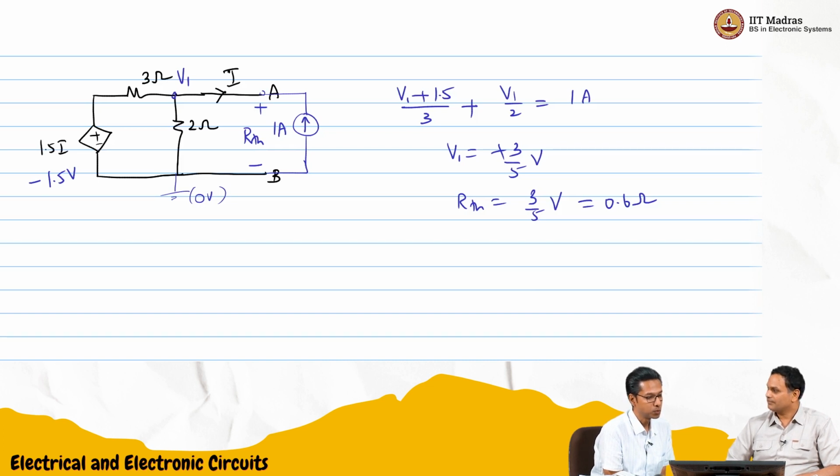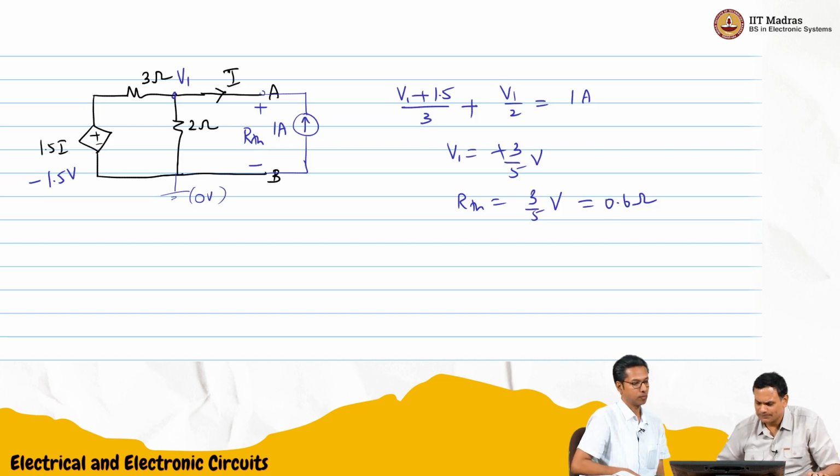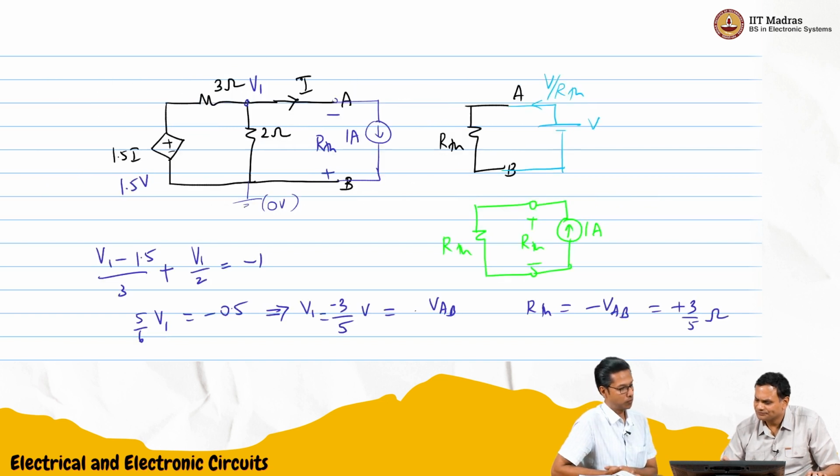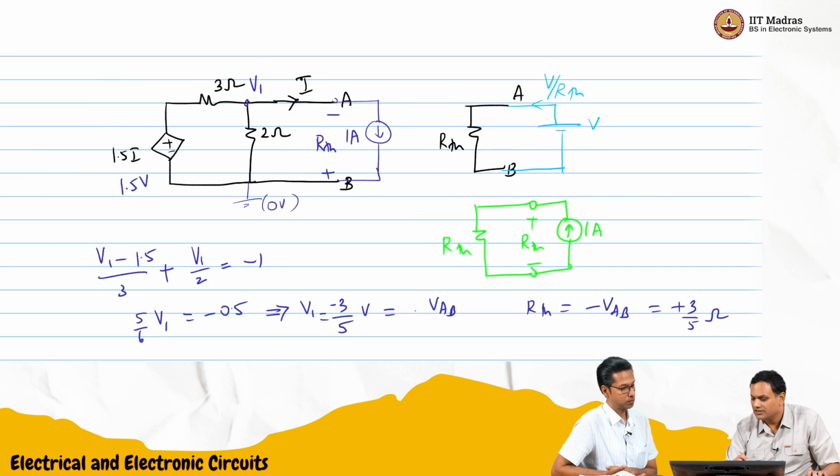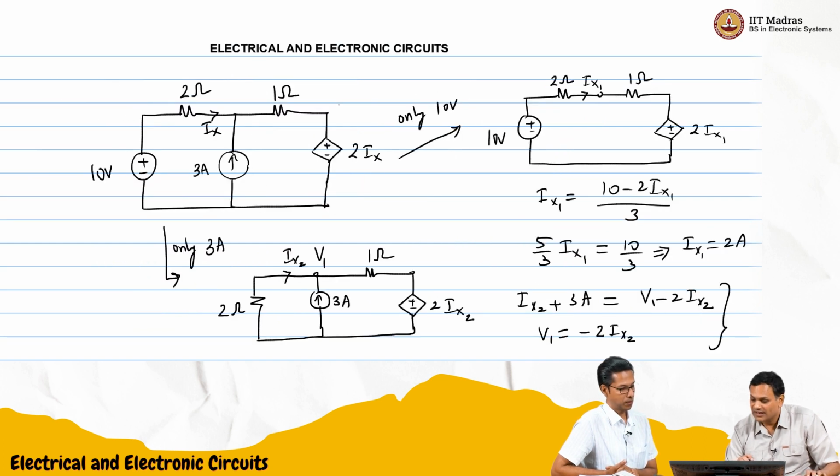What else should we do? Maybe we'll choose one more problem. It may be a different type of source. I think we have seen this one was a current controlled voltage source, and I think we did current controlled voltage source also.